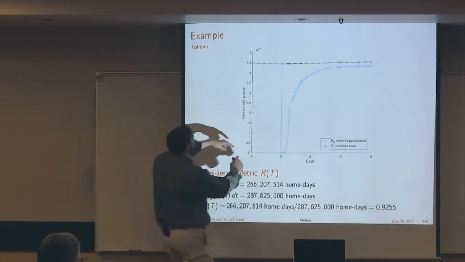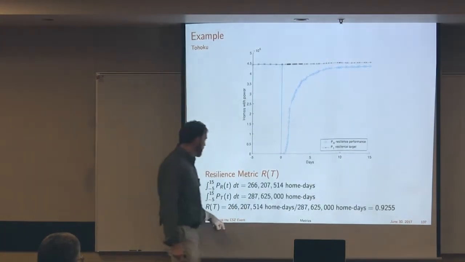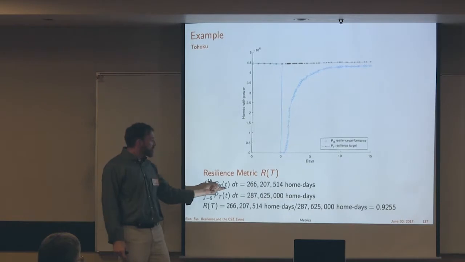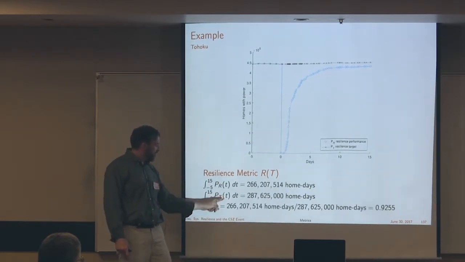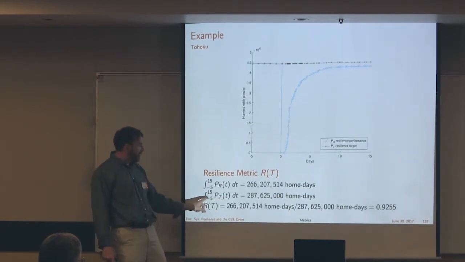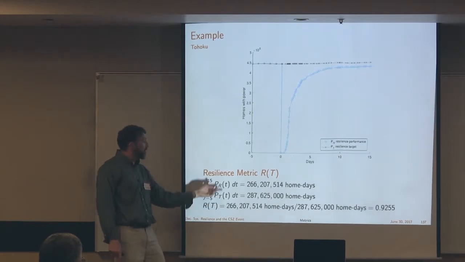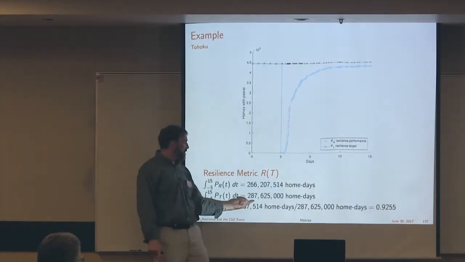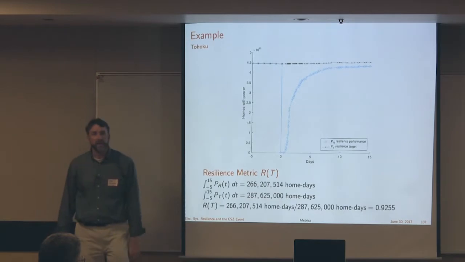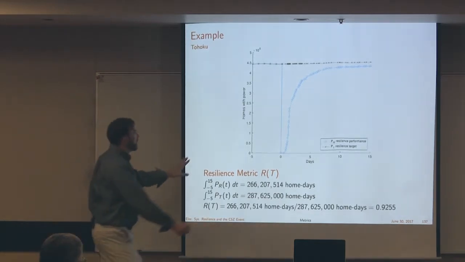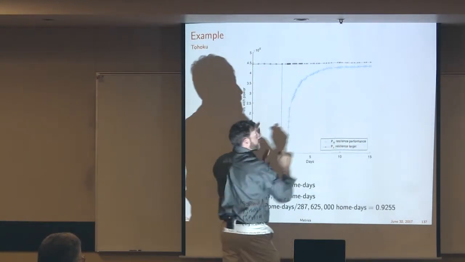So I have home days. And that's what's shown right here. That's the second one. The sub t means my target, right? And if I integrate that box, I get 287 million home days, the area under the black.